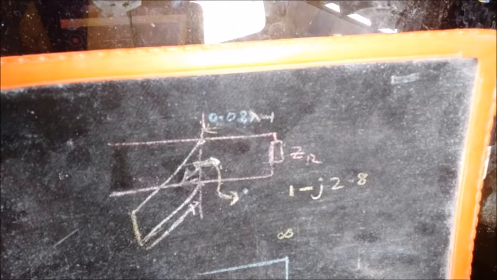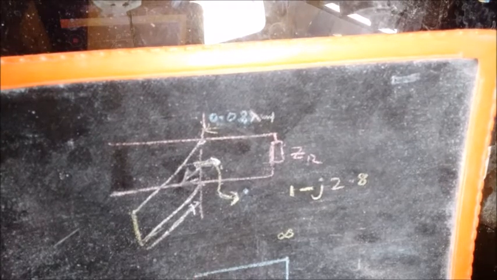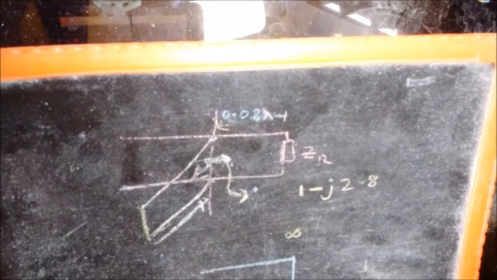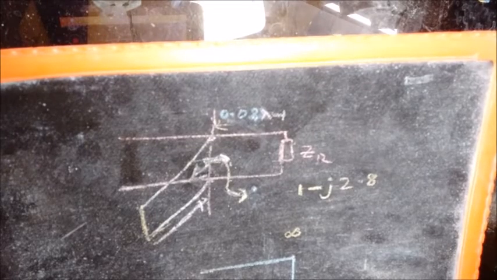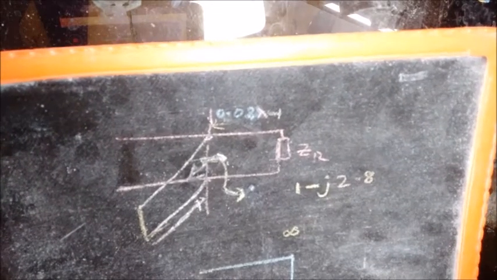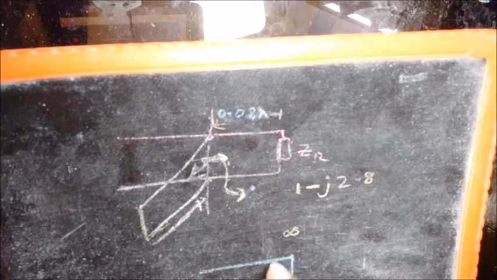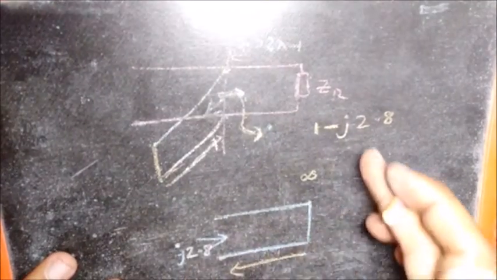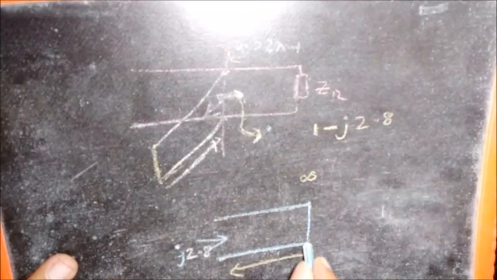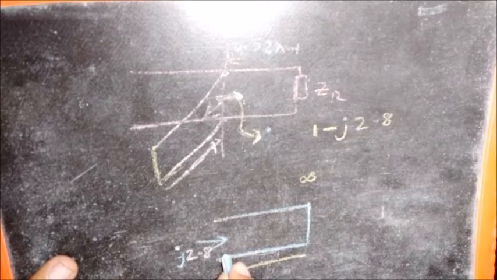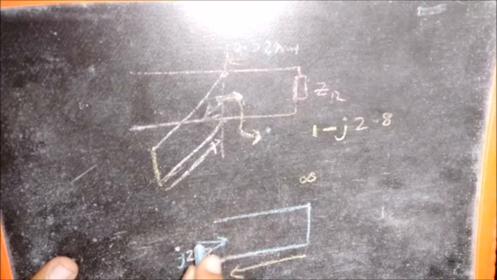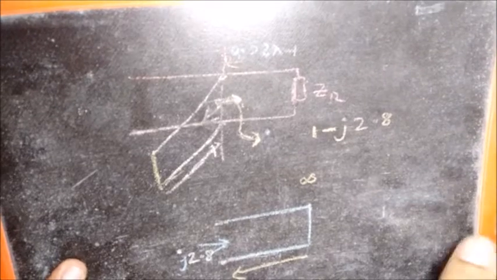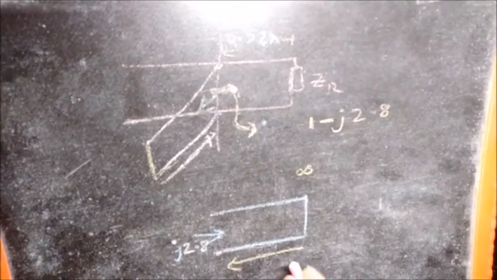How far away should I move from this so that the normalized admittance is purely susceptive, and it is j2.8? Only then, when I connect it here, this j2.8 and this minus j2.8 will cancel. So that is the task now, and it can also be done using the Smith chart.